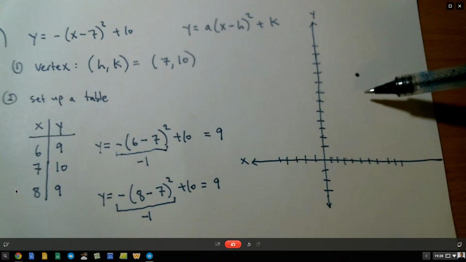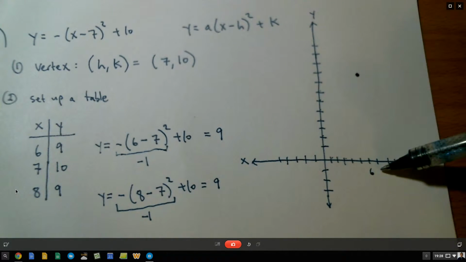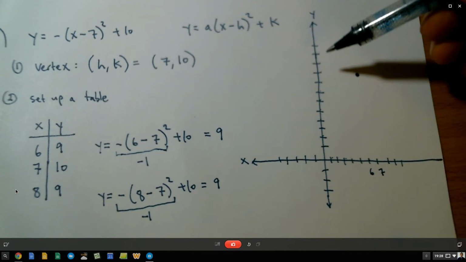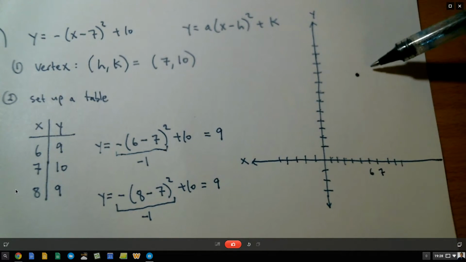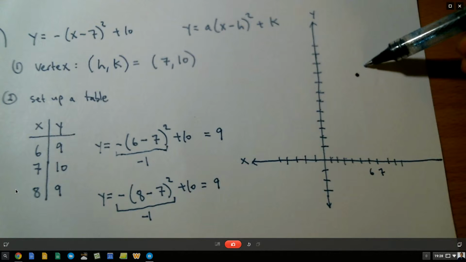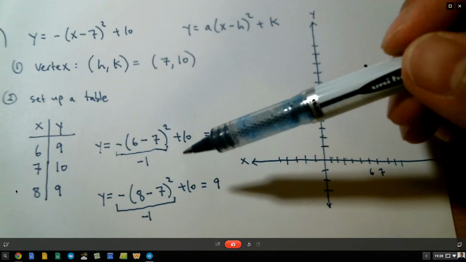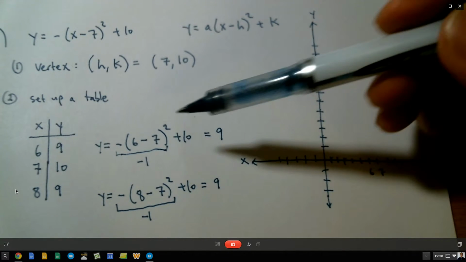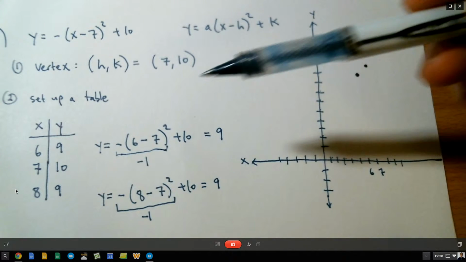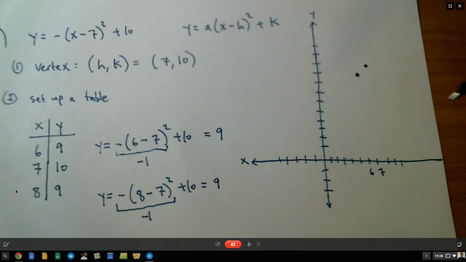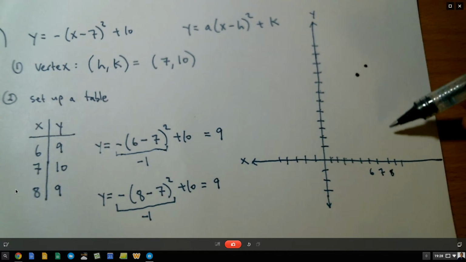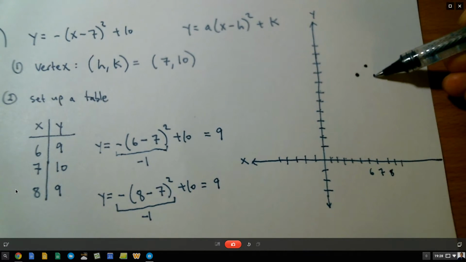So see right here is 6, I'll put 7, y is 10. And when x is 8, y is 9. So when x is 8, y is back to 9.